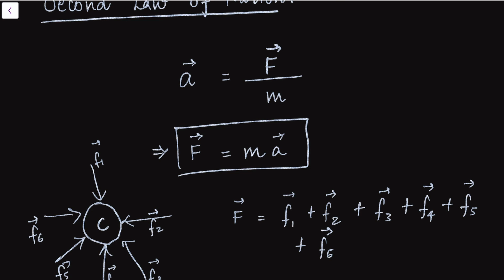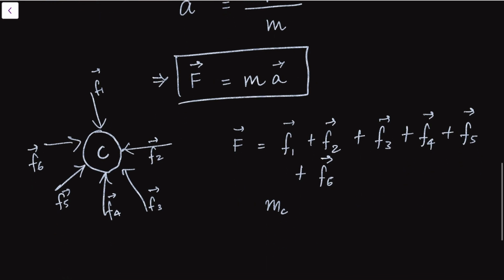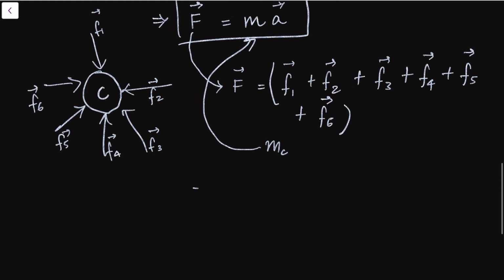And since there is just one particle, the mass will be just that of the one particle. In that case, we will substitute m as the mass of particle C, and in place of force, this whole equation will come into place. A force acting on a particle of mass m produces an acceleration of F by m.